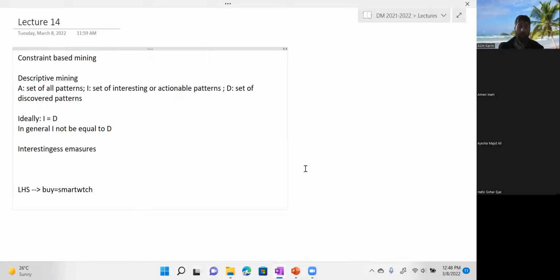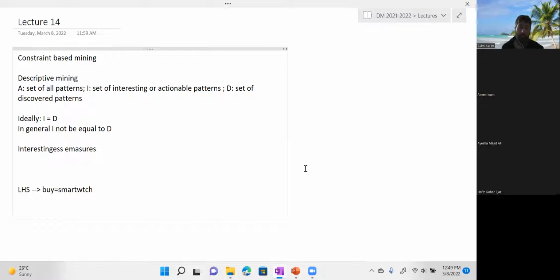So we would like to know which patterns, which left-hand sides, would have a smartwatch on the right-hand side as a frequent item set.